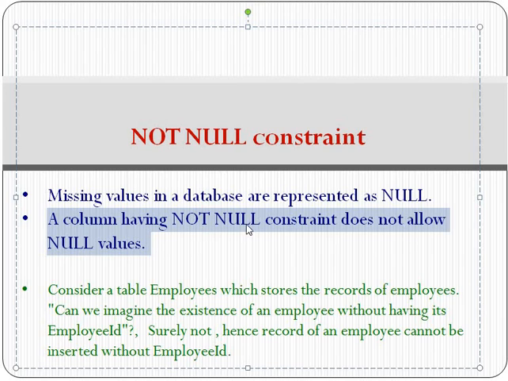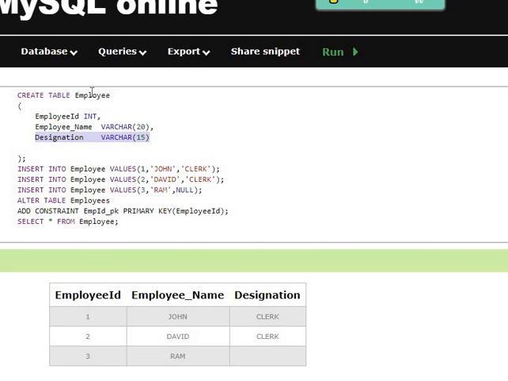So a column having not null constraint does not allow null values. Now if you look at our table named employee, the column designation hasn't been imposed any type of constraint. Now what if I impose the not null constraint for this column name designation?